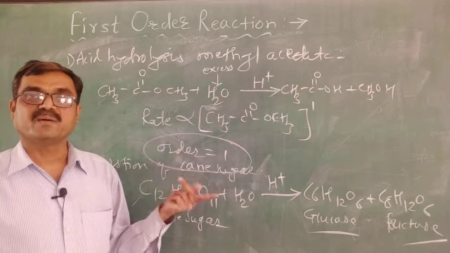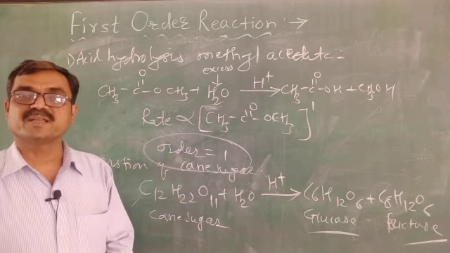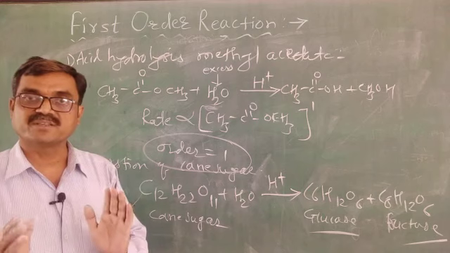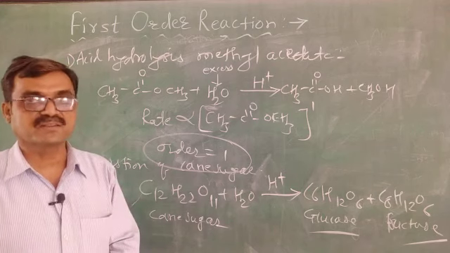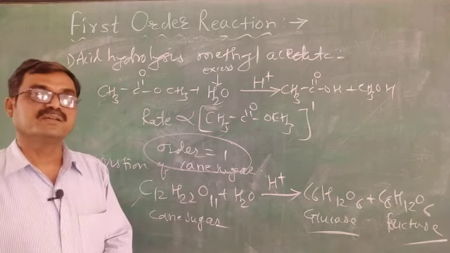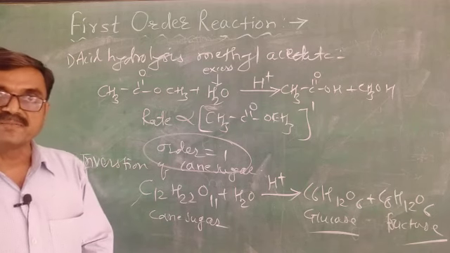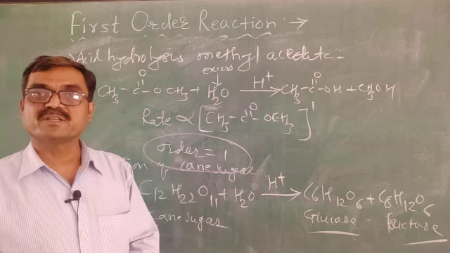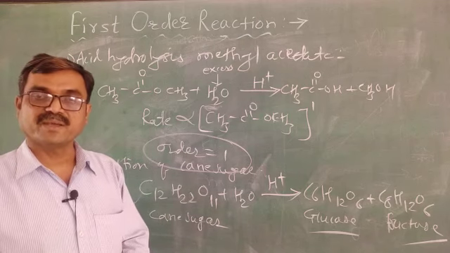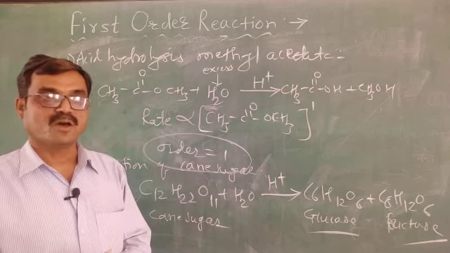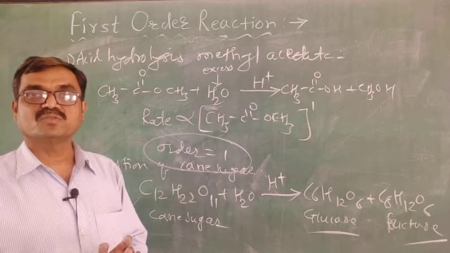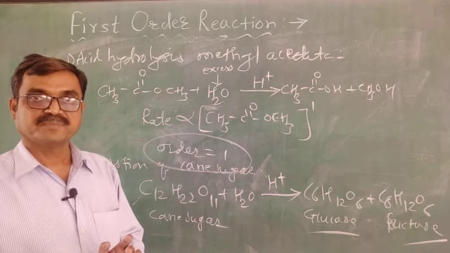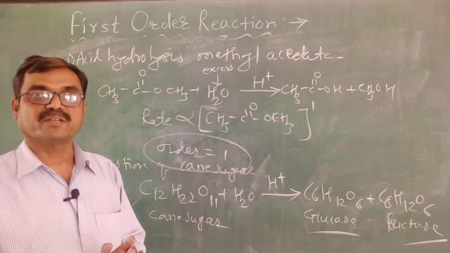Then the half life period of a first order reaction is 0.693 upon K1, means it is constant, since K1 is constant. The last one is the graphical representation. If we consider K1 equals 2.303 upon T log to the base 10 A upon A minus X, rearranged, log of A upon A minus X equals K1 into T upon 2.303.